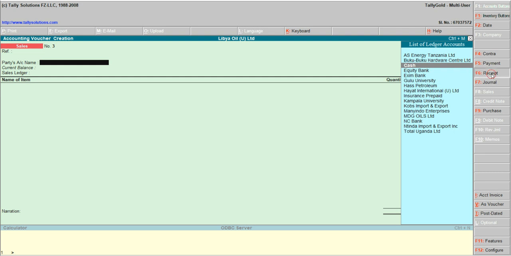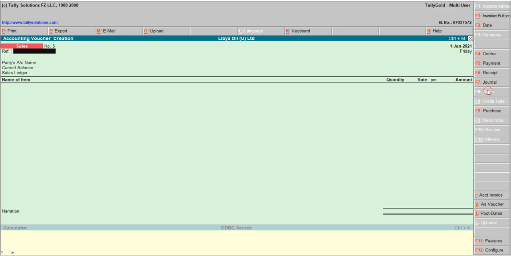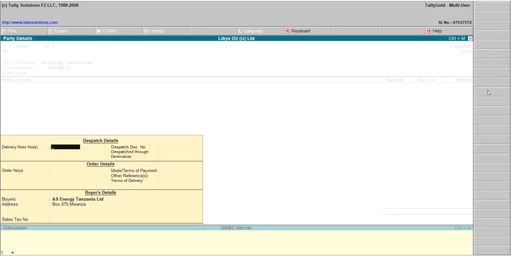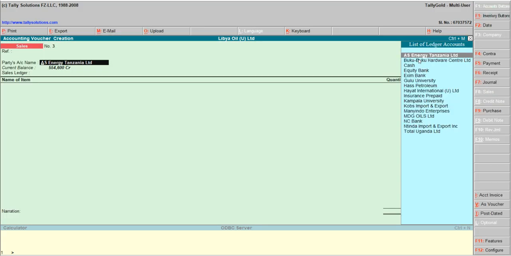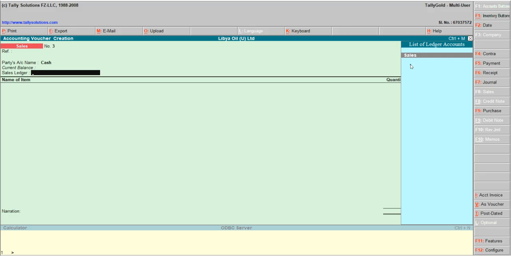You'll use cash because you're receiving cash. This time it's not a credit transaction. So cash will be debited.